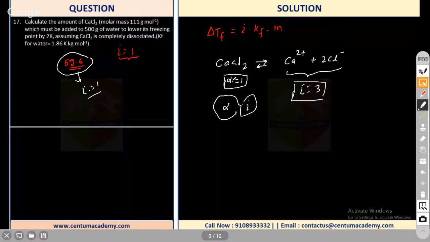That's what I also did. So the i value will be 3, not 1. Just now Vaishnavi and Purvik told me this. Correct. So alpha is 1, i is 3. Now we'll come back to the same question.